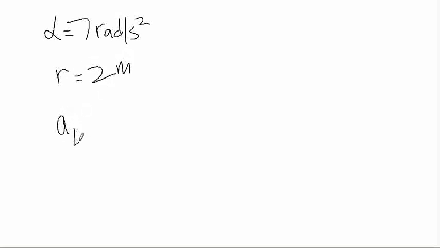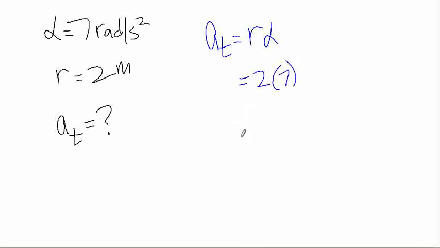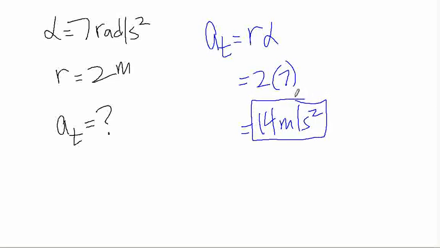Can we determine a sub t for that example? Okay, so yes we can. I'll go ahead and work that out now. So we know that a sub t is equal to r times alpha, 2 times 7, so we would get 14 meters per second squared for this example.